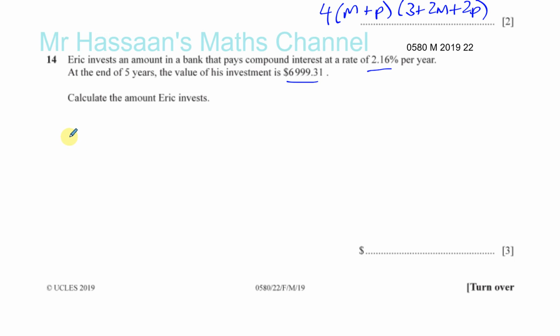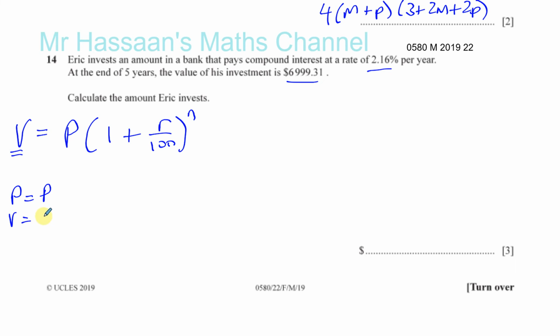He invests an amount in a bank. So first of all, the formula is P times (1 plus R over 100) to the power of N. And that tells you a new value. The new value is what they've given us here. That's his amount after the original amount was invested and he earned that much interest on the original investment.